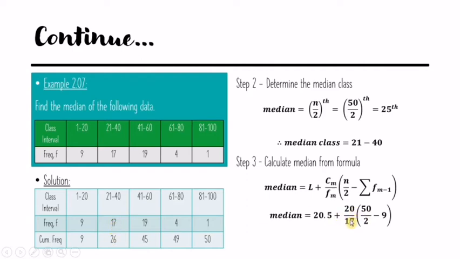So 20 divided by 17 times n, which is 50 divided by 2, minus 9. 9 is the cumulative frequency of the class before the median class. So the median class is here, the class before is here, and the cumulative frequency of this one is 9. So 50 divided by 2 minus 9, and then you get median 39.32.